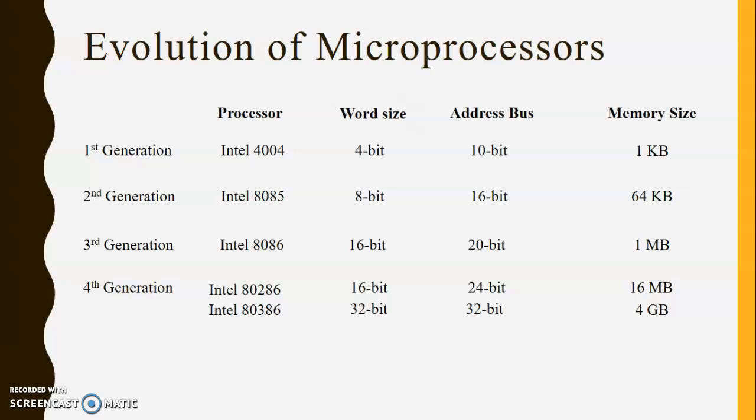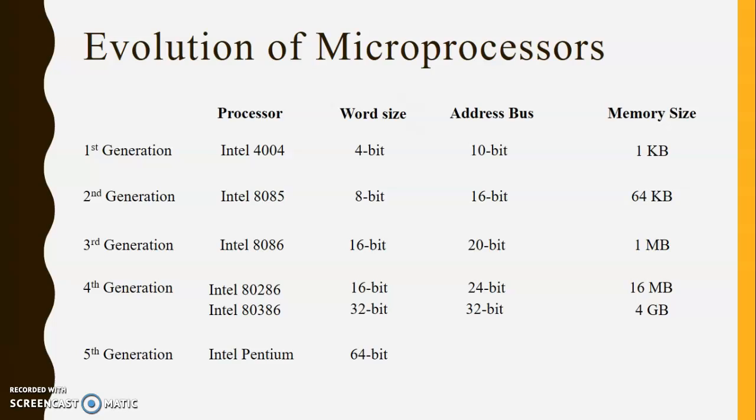And now we have 5th generation. Here comes our Pentium. So the example for 5th generation microprocessor is Intel Pentium. Word size for which is 64-bit, making its data bus size 64-bit.